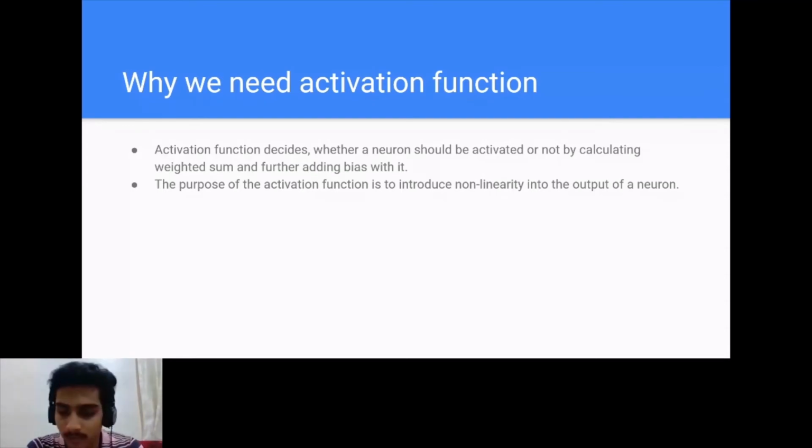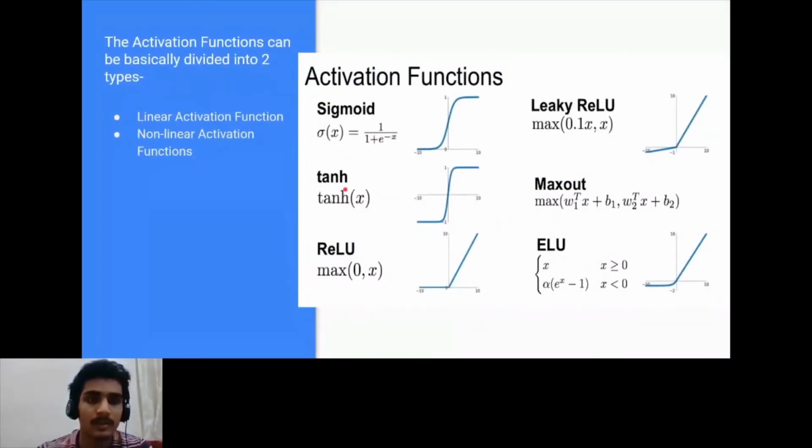So let's move on. There are basically two types of activation functions. First is the linear activation function, and then we have non-linear activation functions. Earlier you saw the sigmoid function, which is basically an S that ranges between 0 and 1.